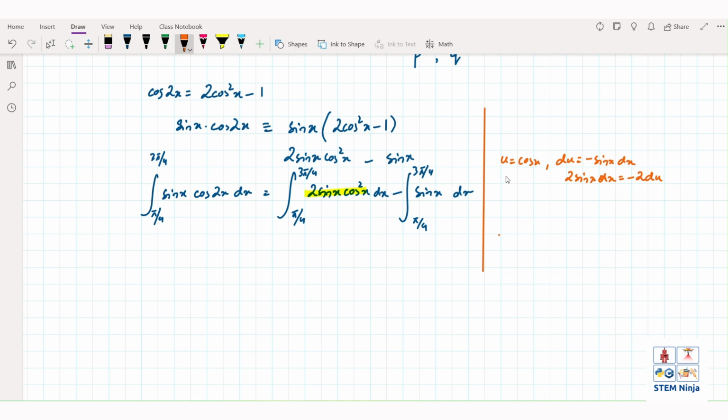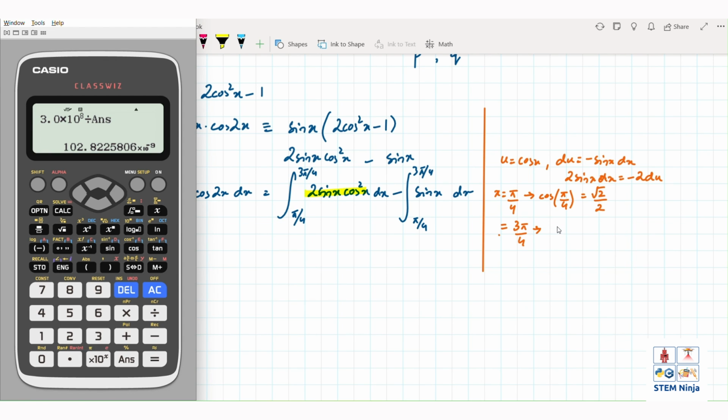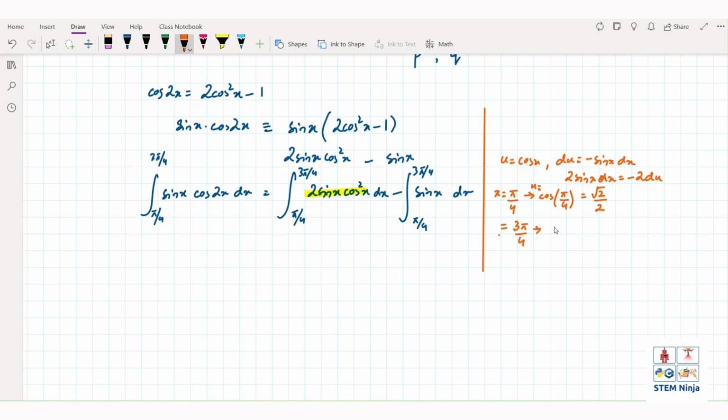And for the limits, if u is equal to cos x, so when x is equal to pi by 4, cos of pi by 4 is 1 over root 2 or root 2 over 2. When x is equal to 3 pi by 4, u would be minus root 2 over 2.